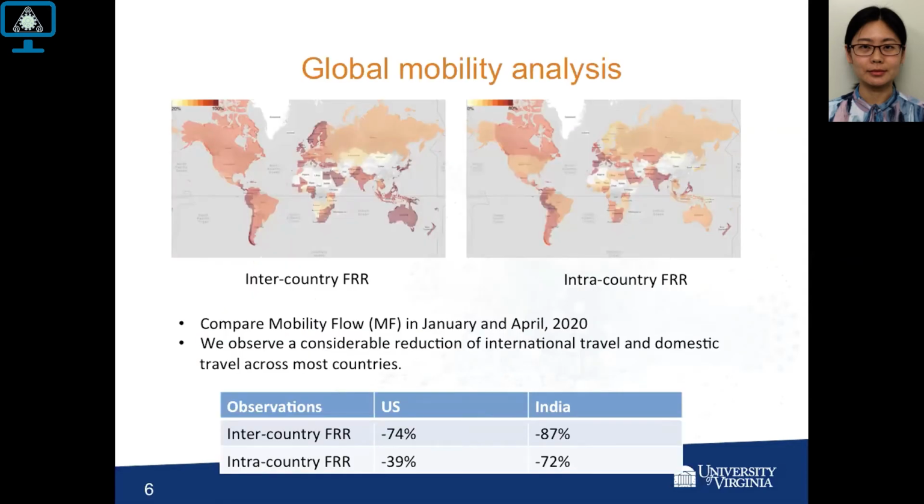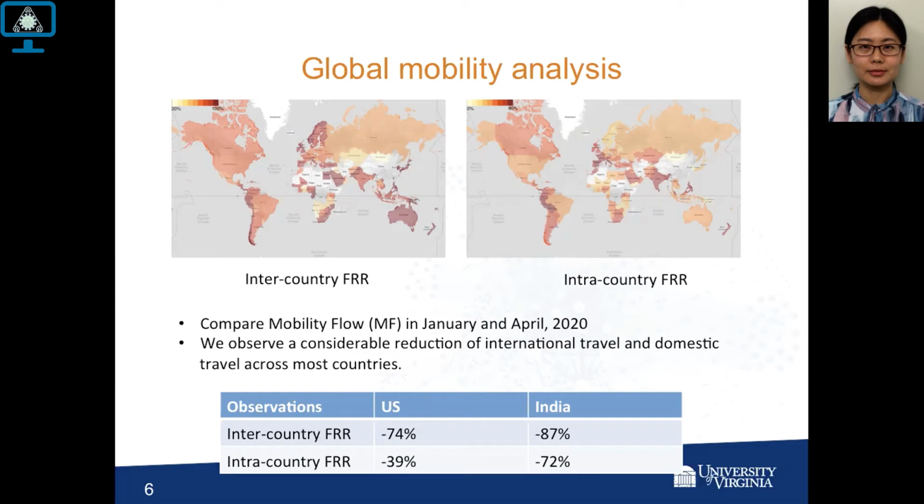So this is the global mobility analysis result. We compare the mobility flow in January and April 2020, and we observe a considerable reduction of international travel and domestic travel across most of the countries all over the world.